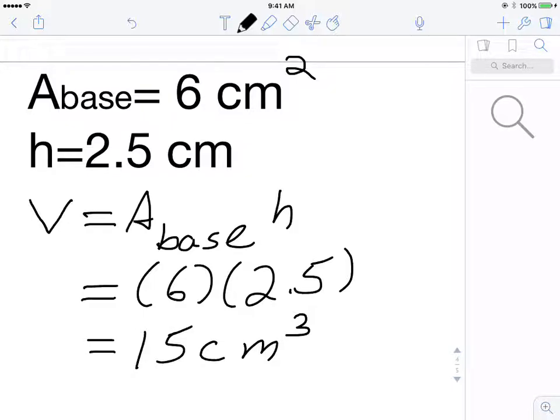The area of the base was 6 centimeters squared, and the height was 2.5 centimeters. So if I took the area of the base and I multiplied it by the height, I can figure out how much volume my shape takes up. 6 times 2.5 is 15, and don't forget the units.